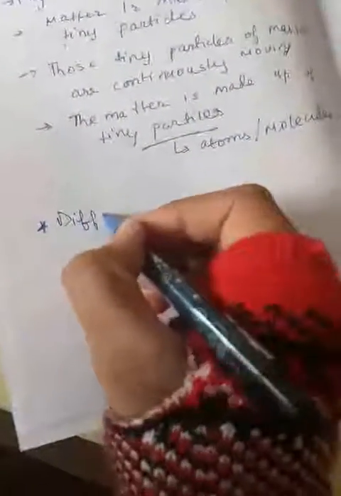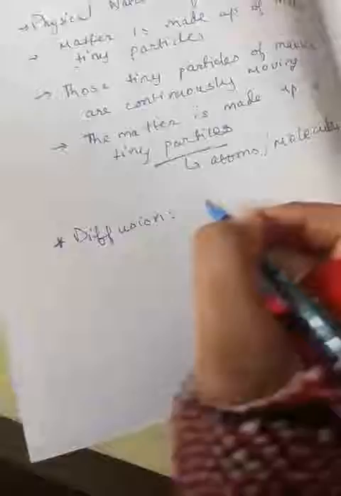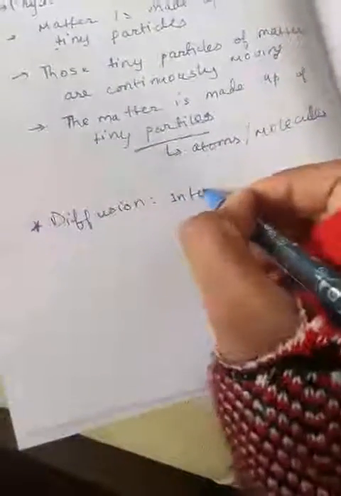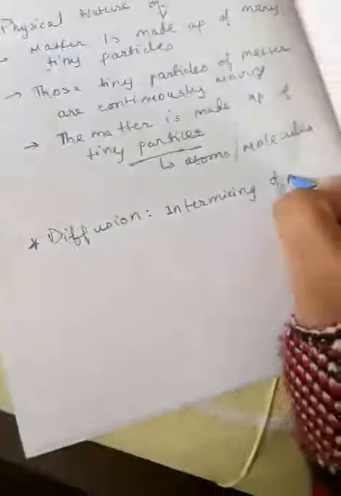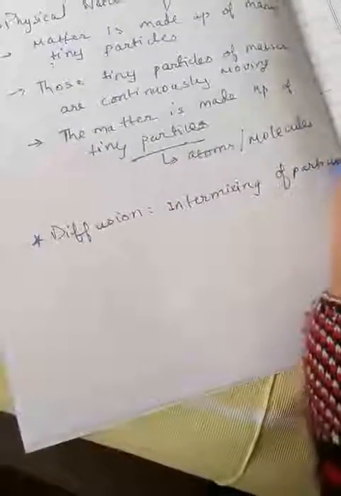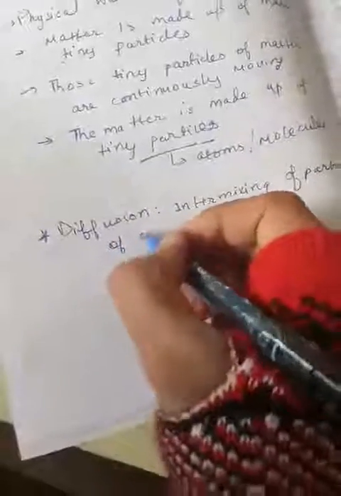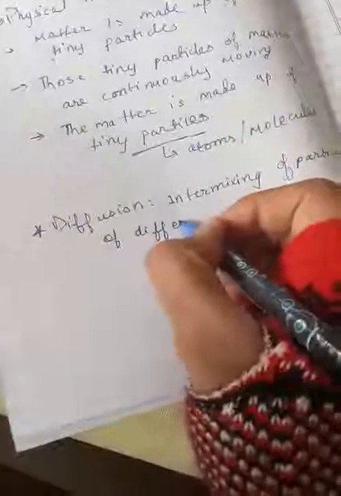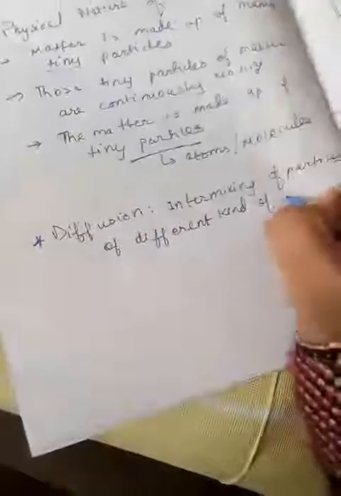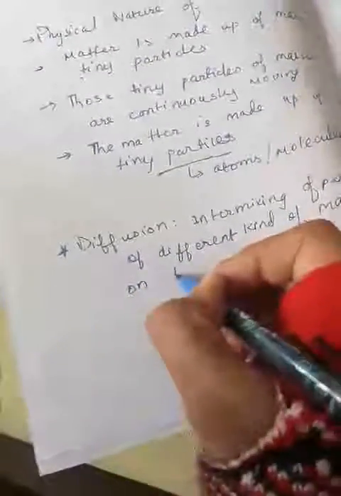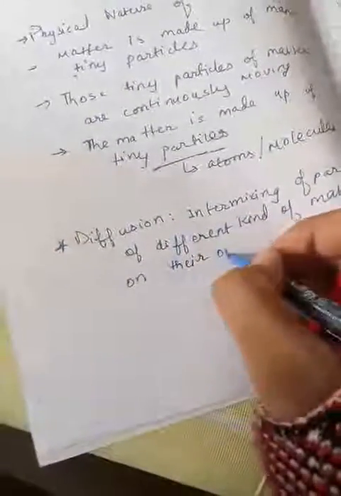Let's understand what diffusion is. Diffusion is the intermixing of particles of different kinds of matter on their own.